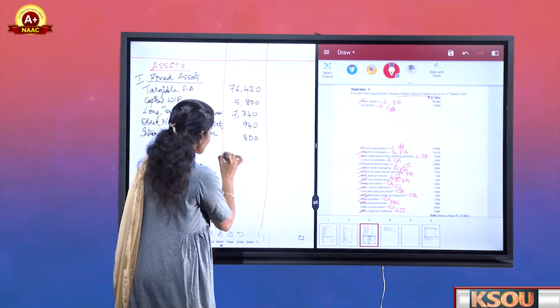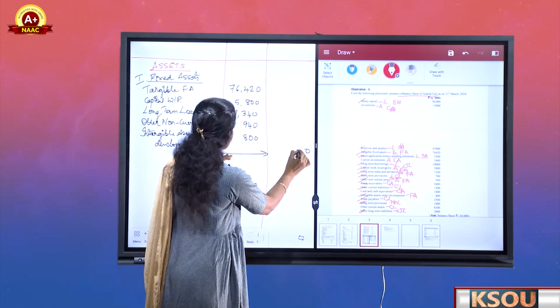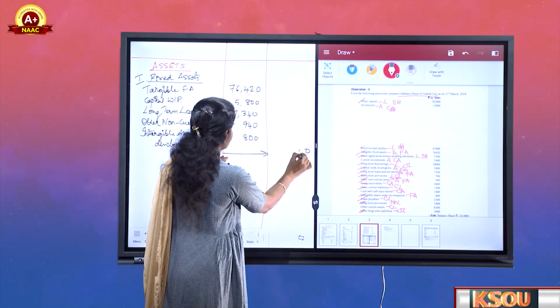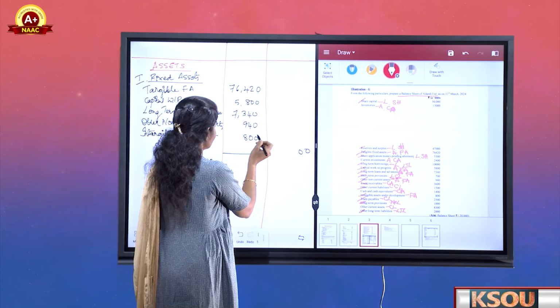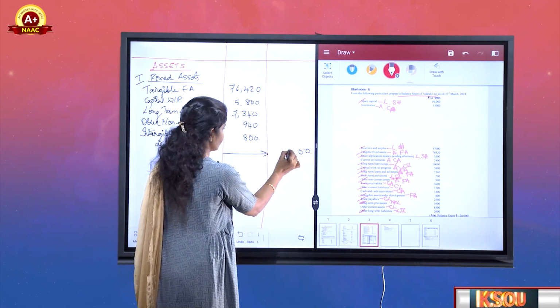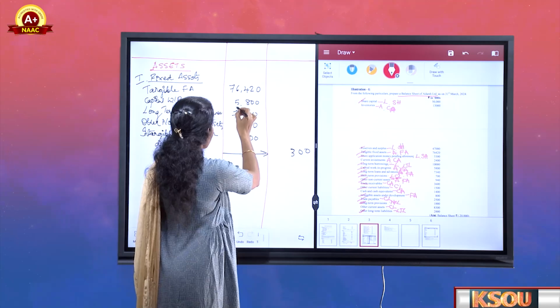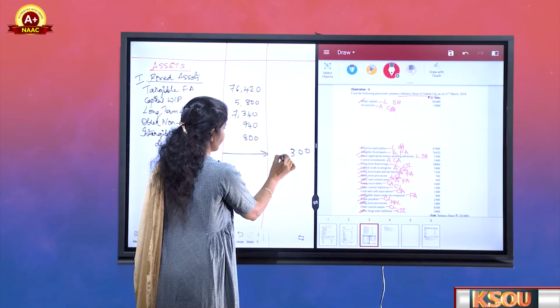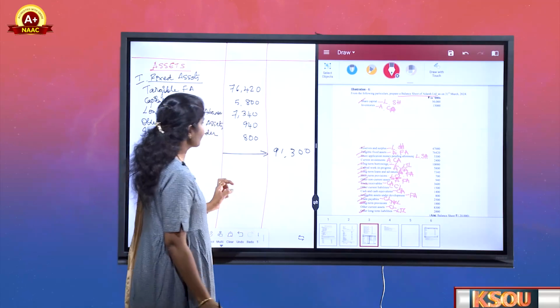Let us take these to the outer column, the total of this. It is 91,300.